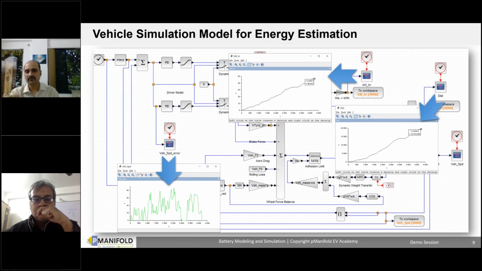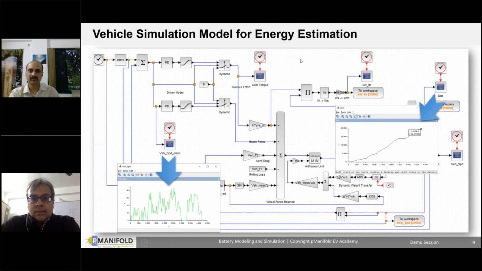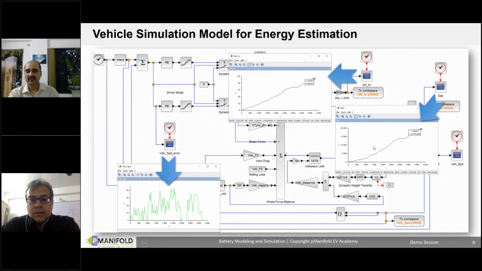You just do a force balance, and whatever propulsive force is required is what will determine your power, and then integrating over the cycle will give you the energy, and that energy and the distance will determine what is your energy efficiency, and it is all driven with respect to what is your target velocity profile to the driver.